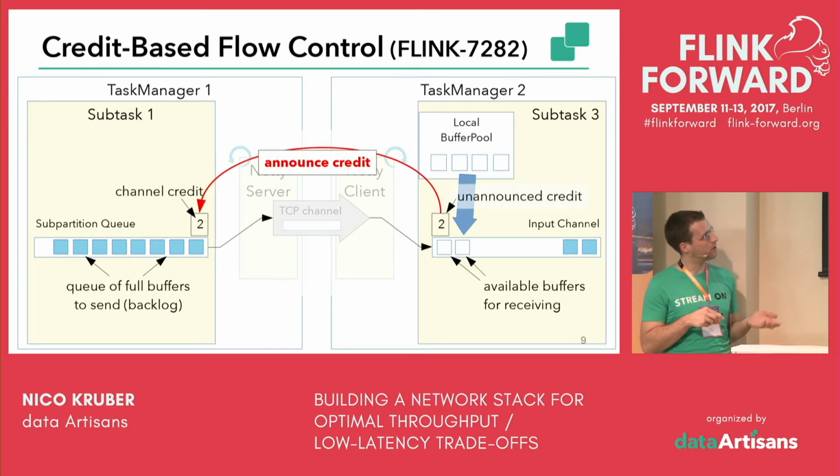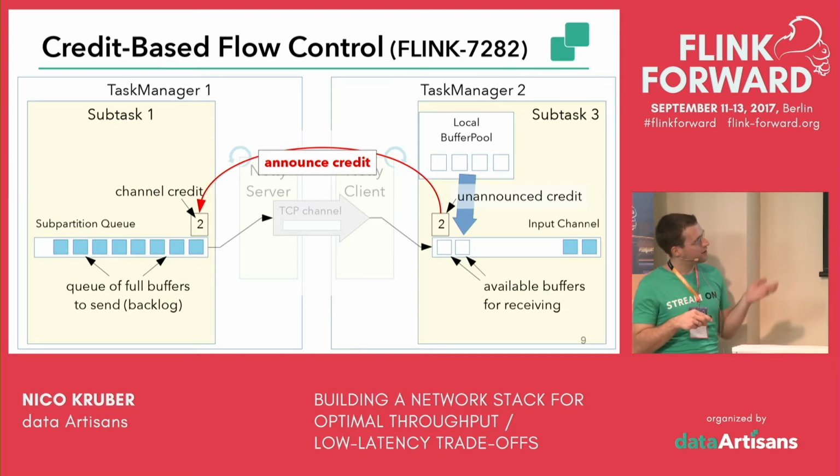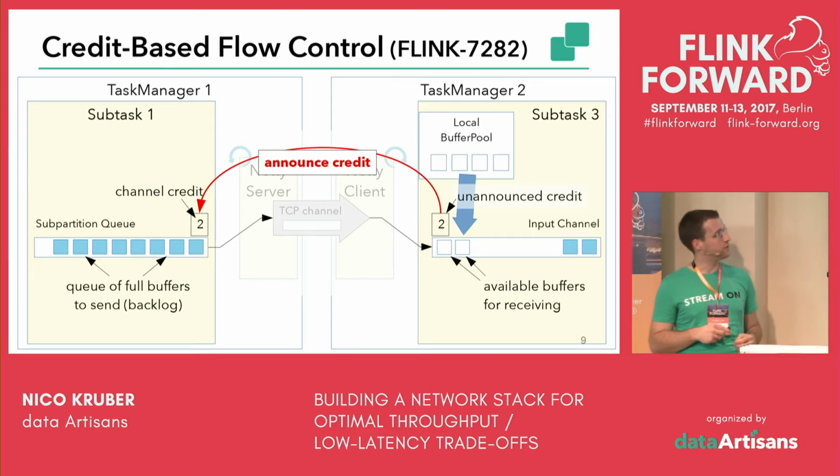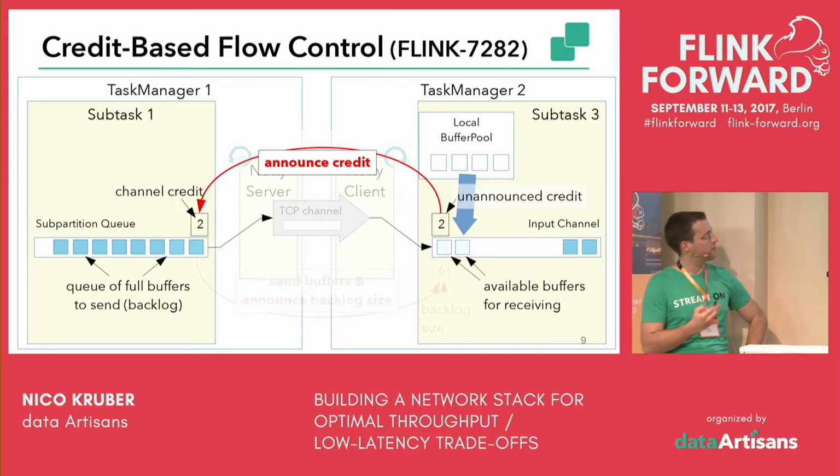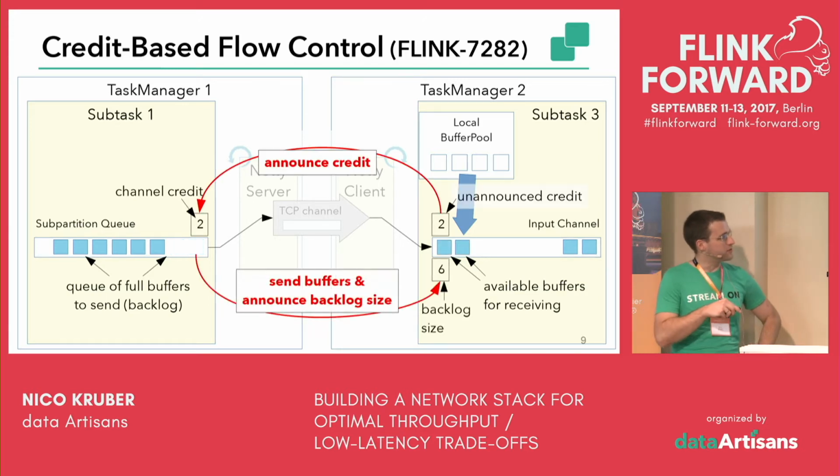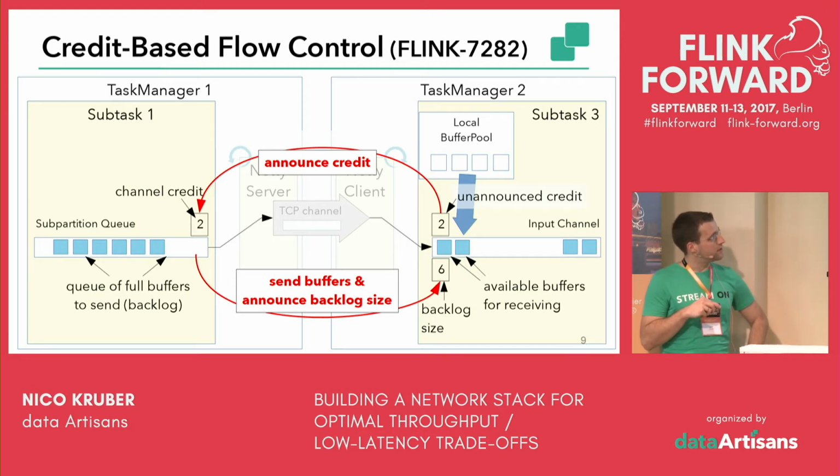So it says, oh, hey, Task Manager 1, I do have 2 buffers that you can use. And this task manager will then know that there are 2, and it can send 2 of those. It can send the buffers right through, and we know it will not stall in here because we already reserved the ones there.